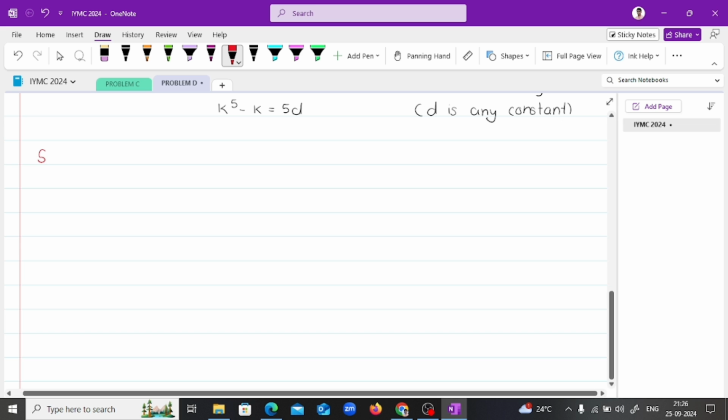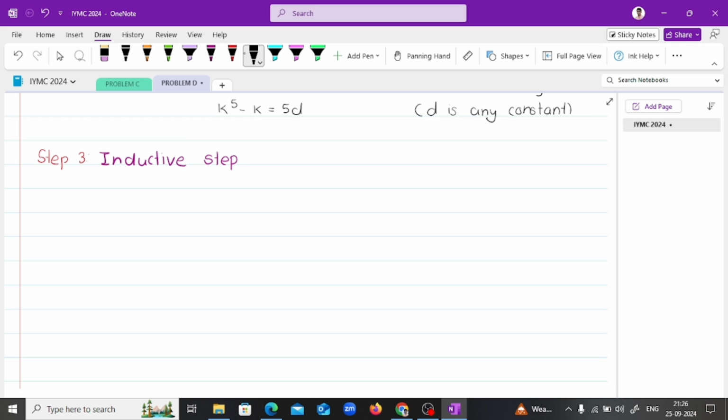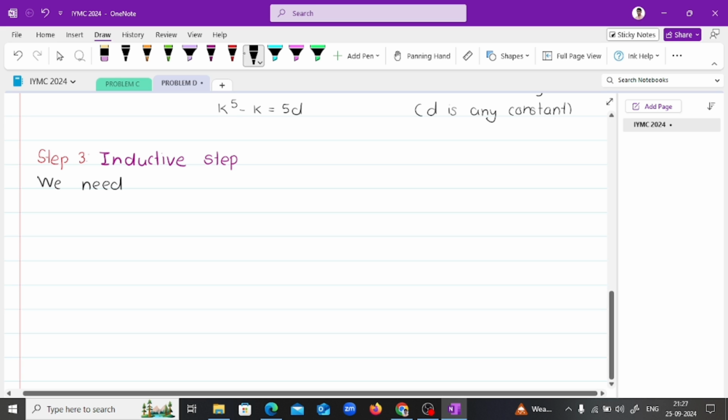So step 3 is nothing but the inductive step. In the inductive step, we need to show that the statement holds good, that means holds for n is equal to k plus 1.